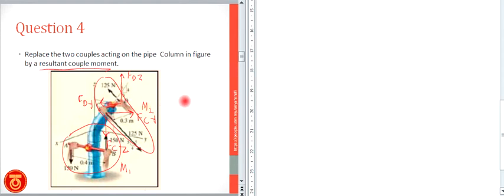Assume you see from this angle, so you will have the Z axis and X axis.